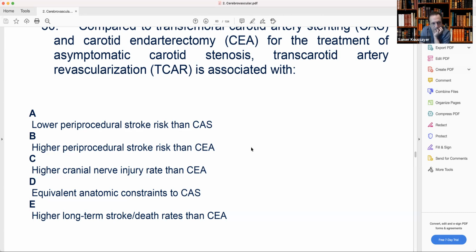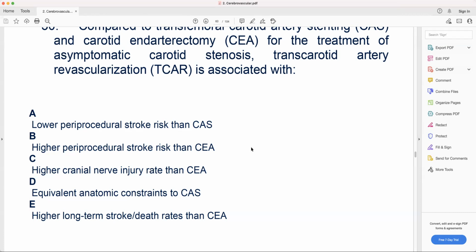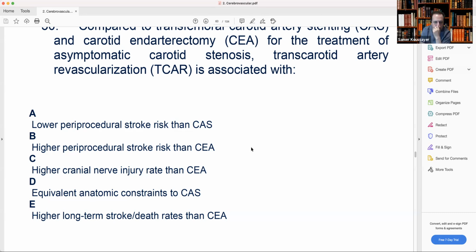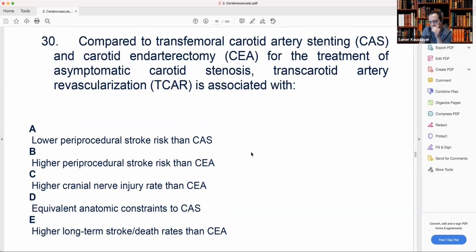Okay. Lower peri-procedural stroke risk than CAS? Yes, according to the discussion. Correct. Higher peri-procedural stroke risk than carotid endarterectomy? No. Because when they compared CAS and surgery, CAS had a higher chance of stroke than surgery, if you just look at the stroke.